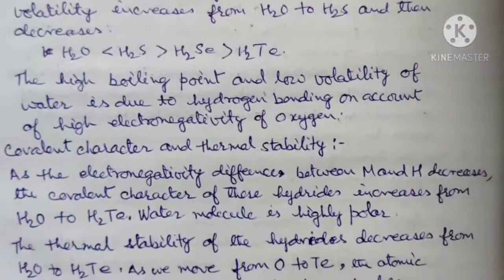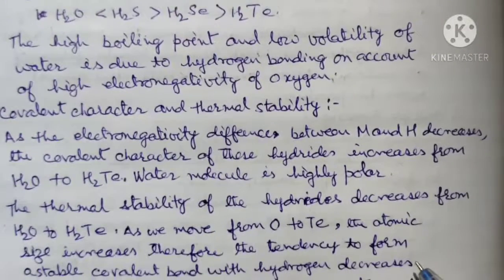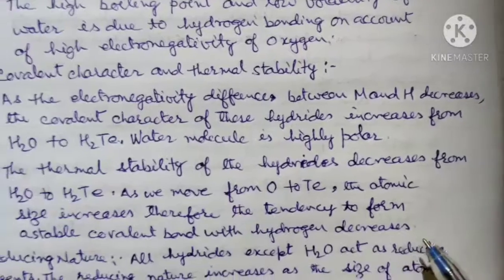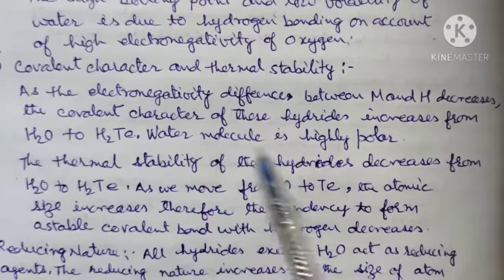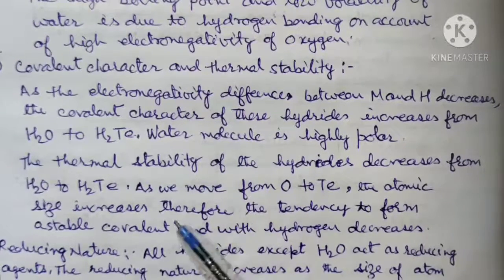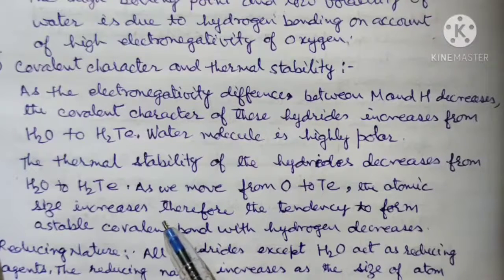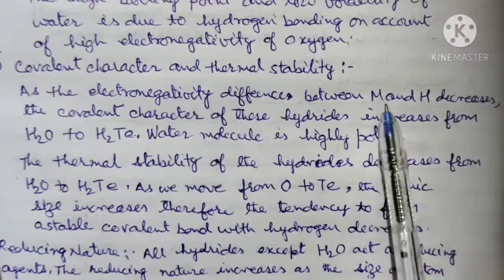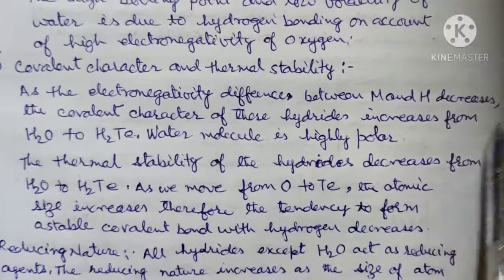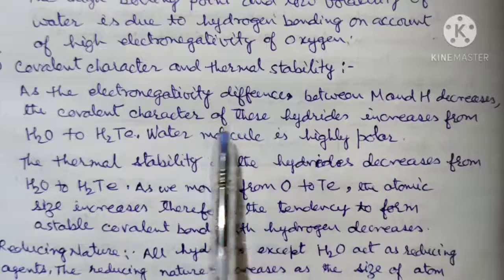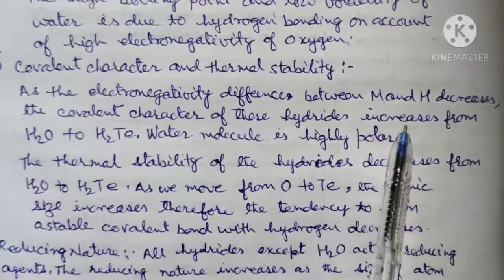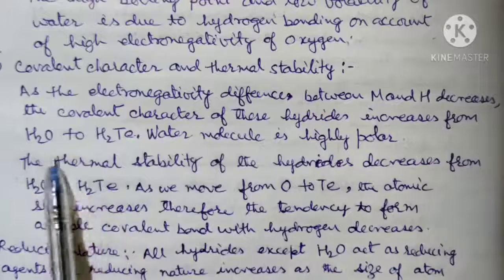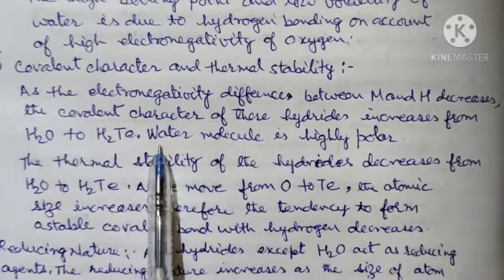The next point is the covalent character and thermal stability of the hydrides. For the covalent character, as the electronegativity difference between M, the element of this group, and H decreases, the covalent character of these hydrides increases from H2O to H2Te.